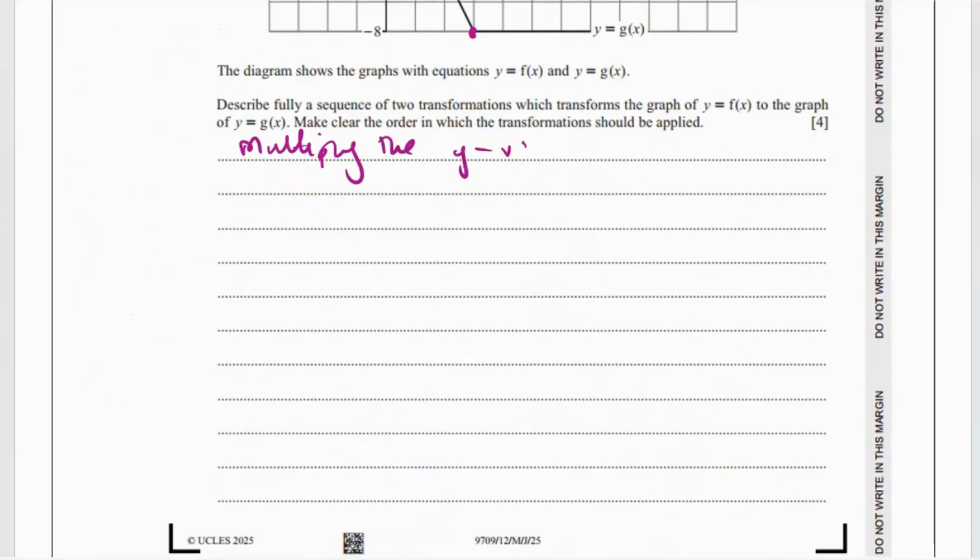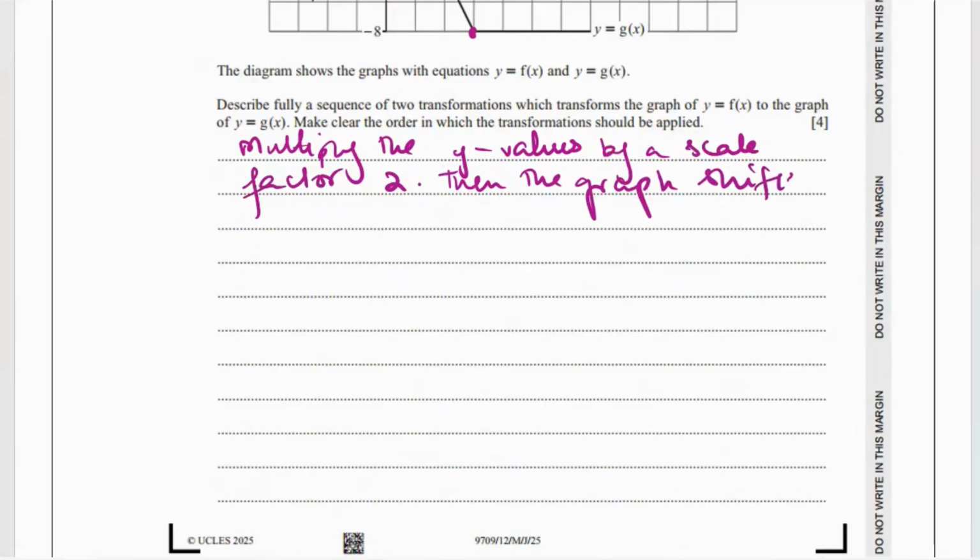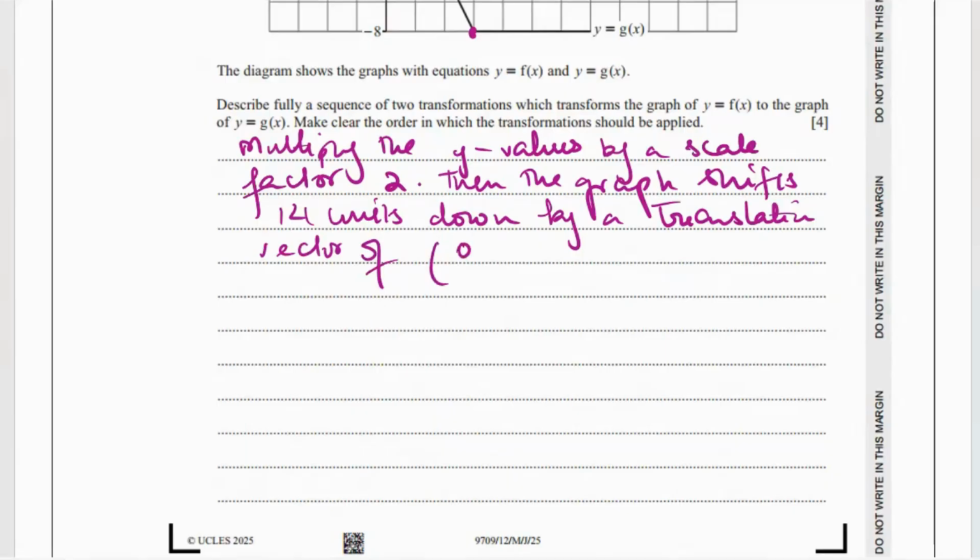So multiply the y values by a scale factor of 2. Then the graph shifts 14 units down by a translation vector of (0, -14).